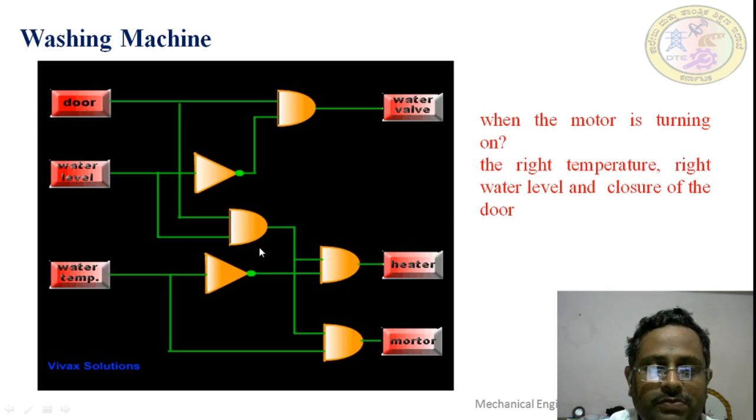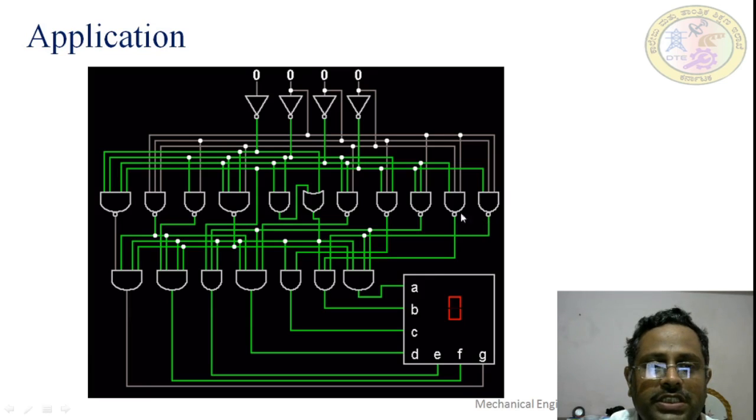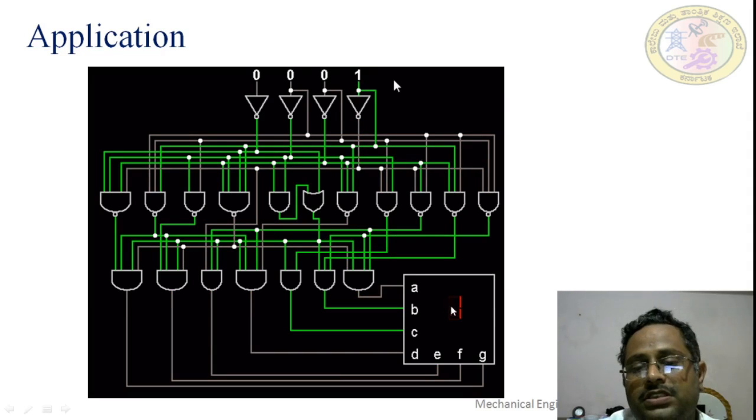Here they use NOT gate, AND gate, everything. Not only can you use these gates, you can use many other gates also in different applications. One more application is this one. This is the calculator display. In the calculator display you observe the number on it.